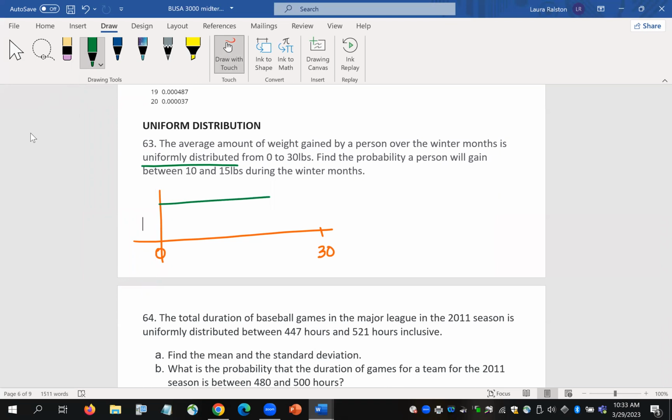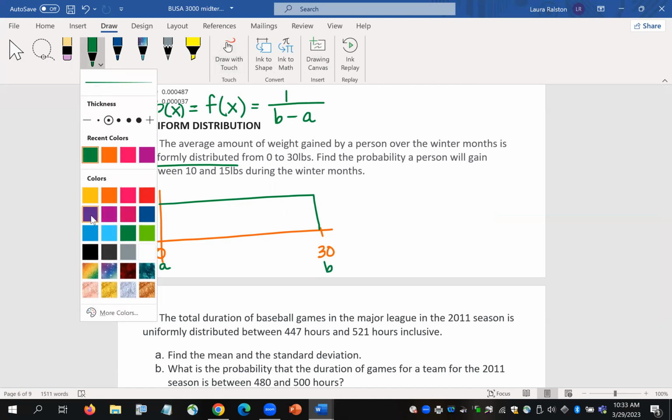Now to get the probability, remember the probability equals the function, and the function is 1 over b minus a, where a and b are your beginning points and your ending points.